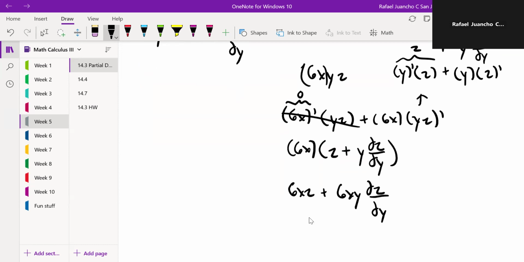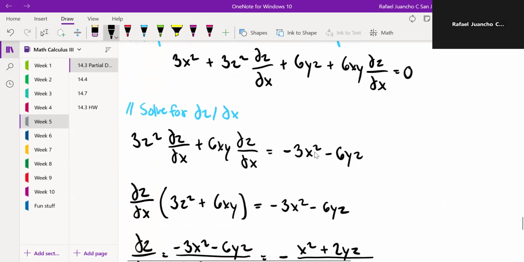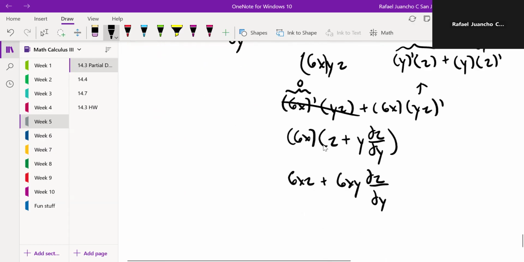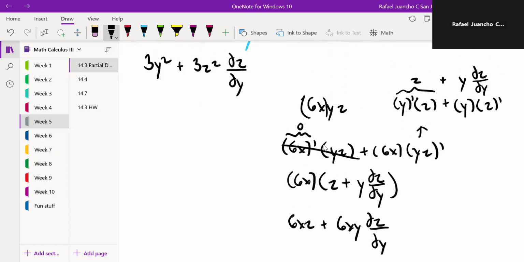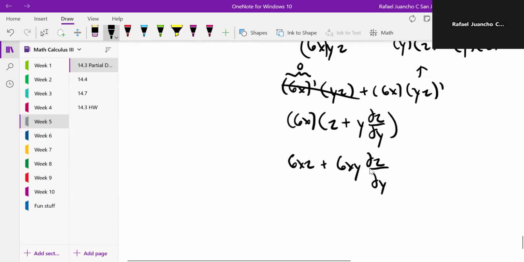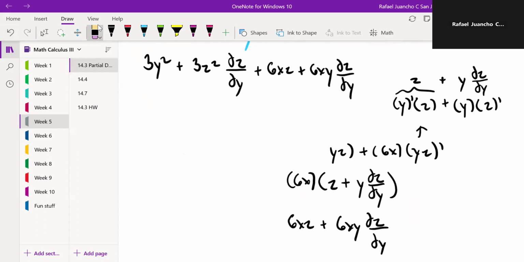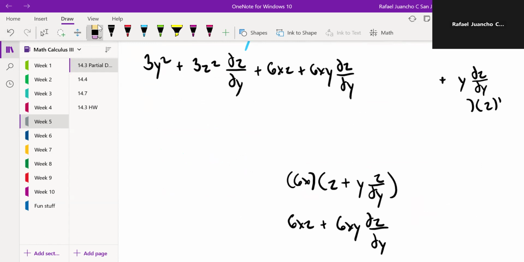There we go. That's it. And I'm pretty sure I add them, right? Yeah, I add them. So let me just quickly add these guys. 6xz, and then 6xy, then my partial with respect to y, and I should get something.